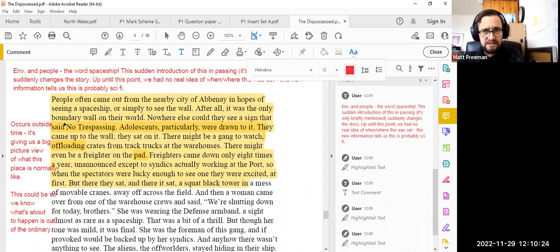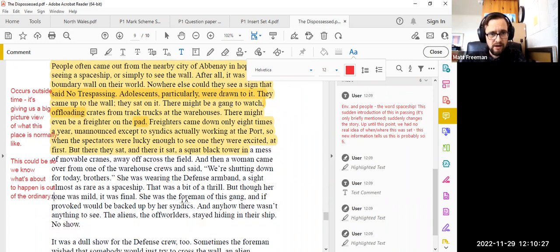And our guess is supported as we move on, because we are introduced to the first person who isn't given a name. We are told that she is wearing a defense armband. So that could indicate potentially some sort of military presence. It could indicate potentially police or something like that. However, we're also told this is very rare.